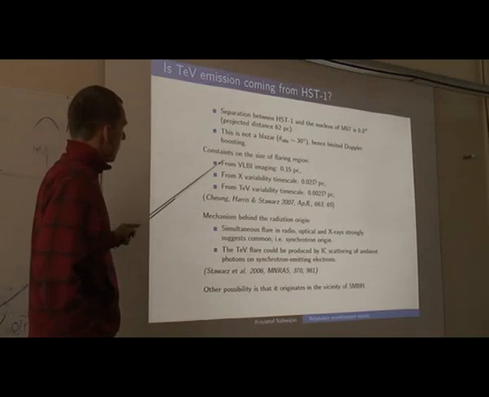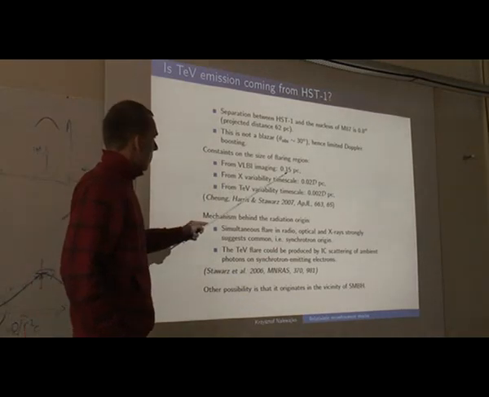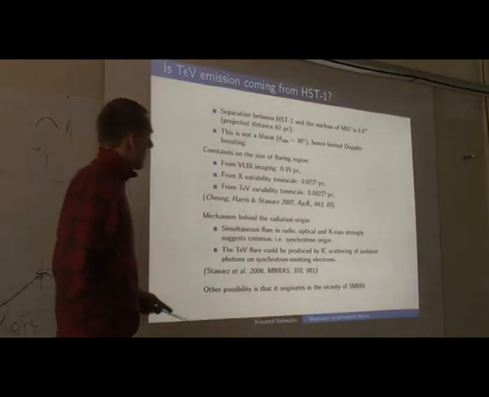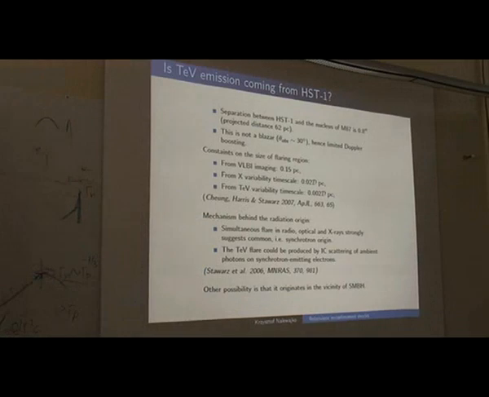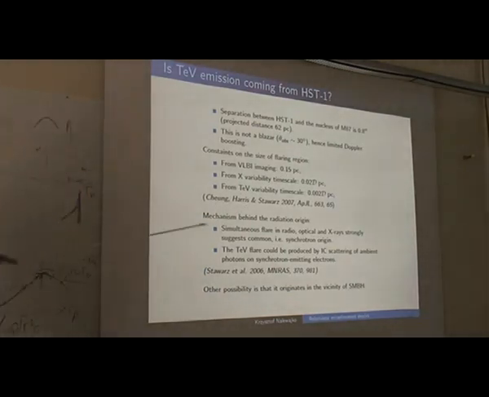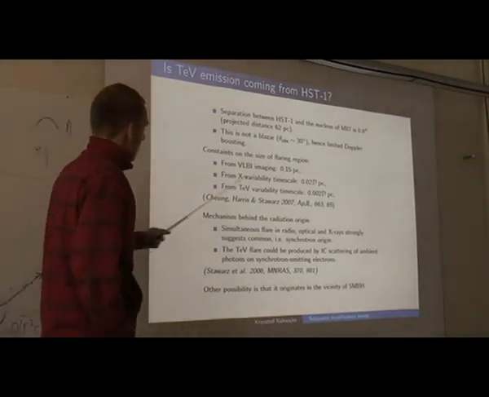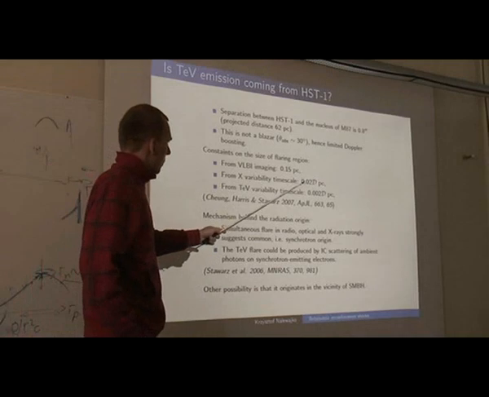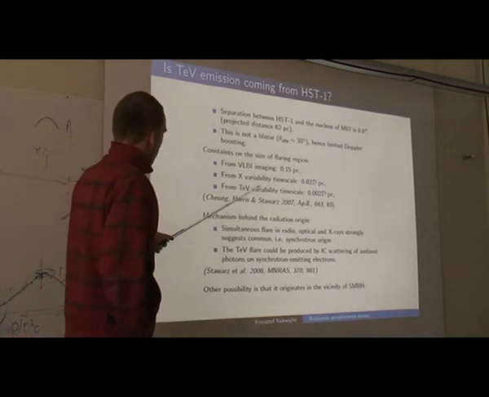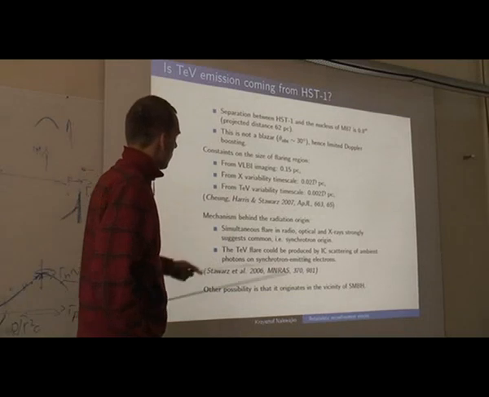From imaging, the highest resolution obtained by VLBI imaging, we have 0.15 parsec as the upper limit on the radius of the source. And from X-ray variability it is an order of magnitude lower, and as I said, there is this Doppler factor here.